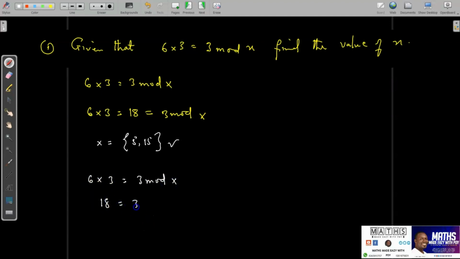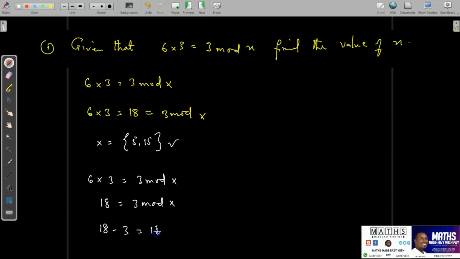So 18 gives me 3 mod x. Since 3 is the remainder, subtract the remainder from the main number. So you get 18 minus 3, which gives you an answer of what?